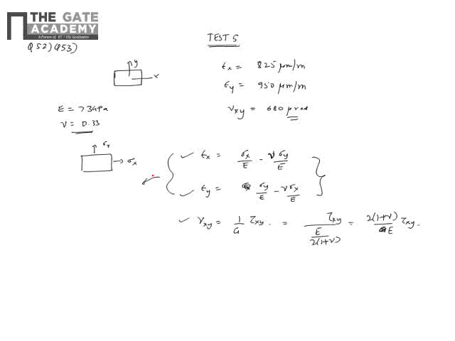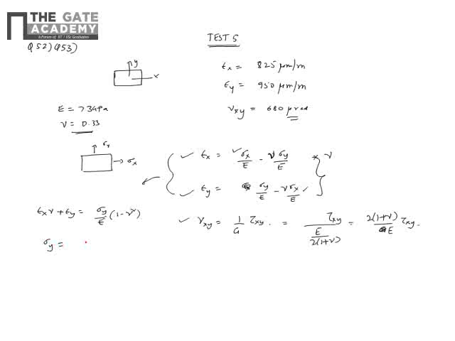Well, I just multiply the first equation with the Poisson ratio nu, so nu times epsilon x, and add, so the sigma x term will get cancelled, and I will get sigma y by E times (1 minus nu square).